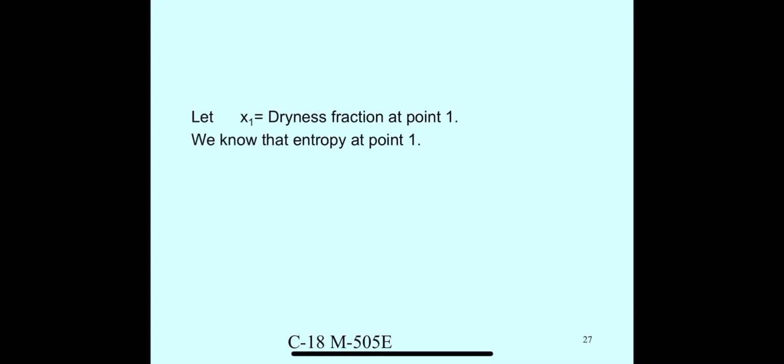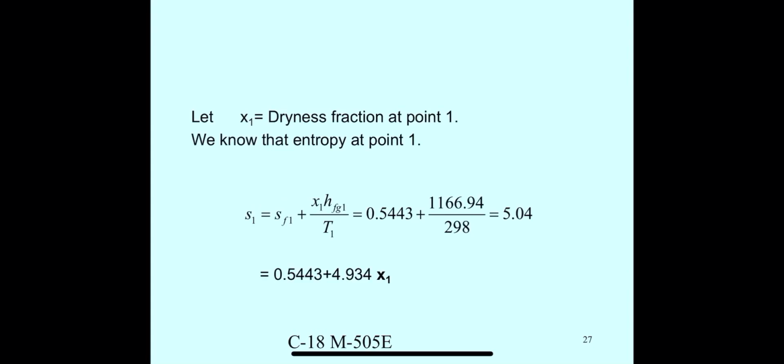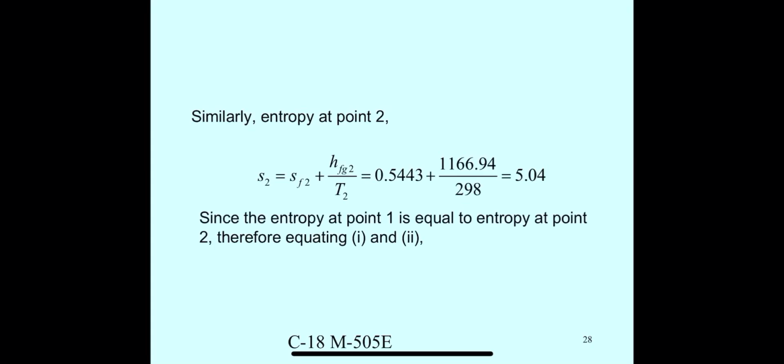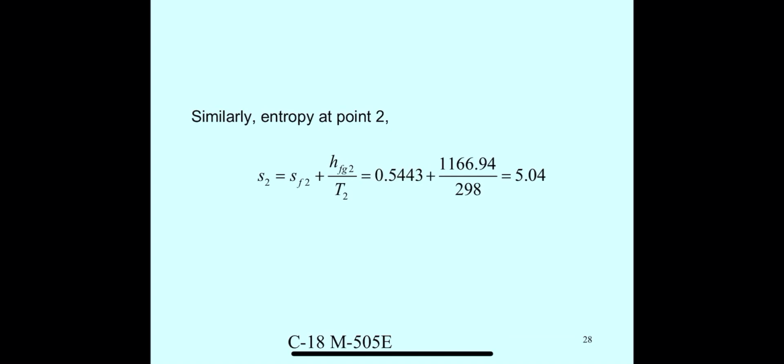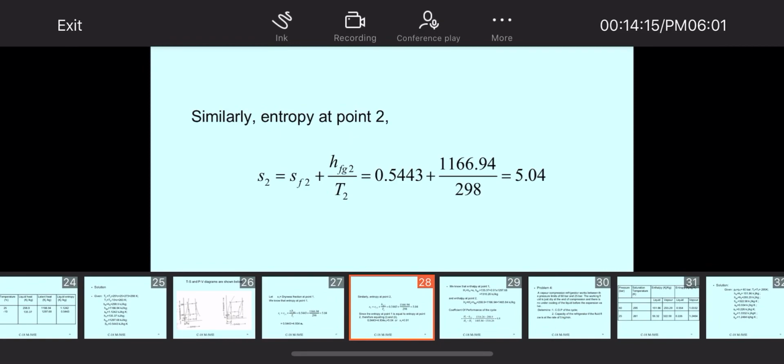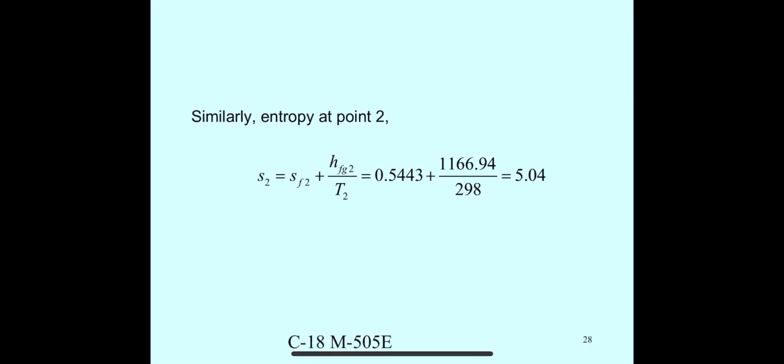So for the dryness fraction at point 1, you know the entropy at point 1. So find out the x1 value. Substitute the values in this formula. You will get the x value. So S2 equals SF2 plus the latent term, so we get the S2 value.